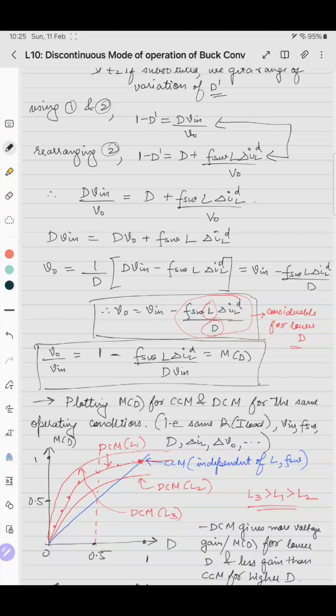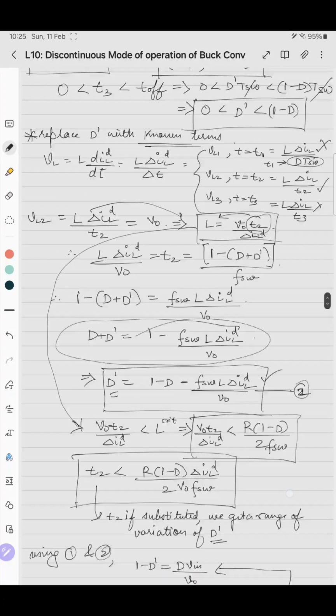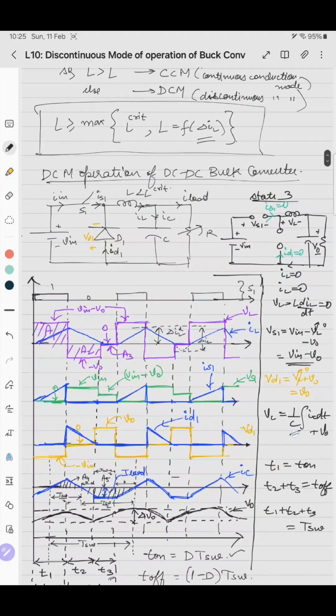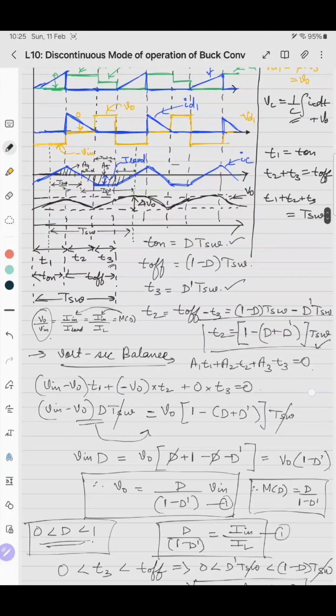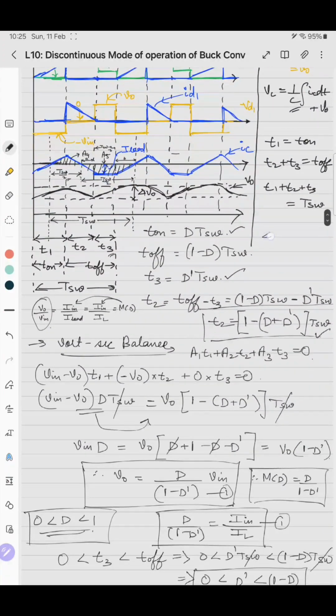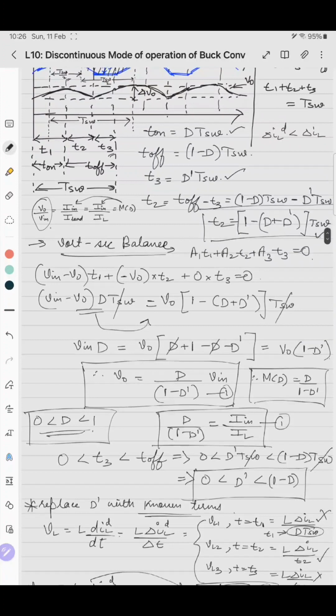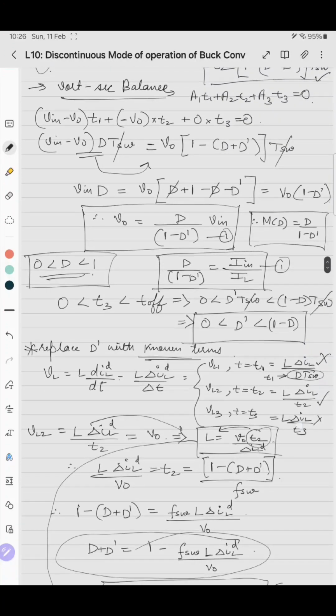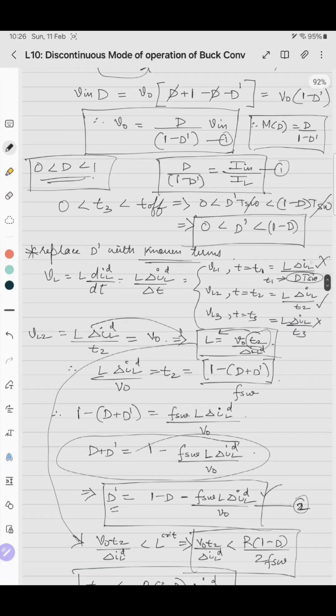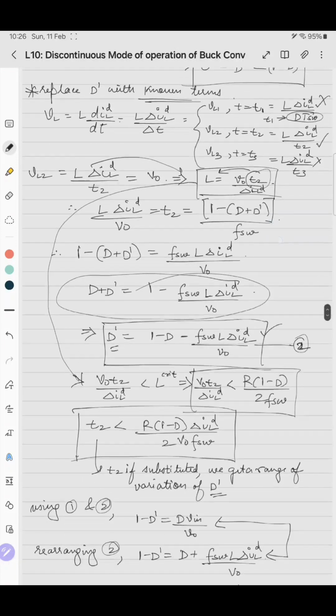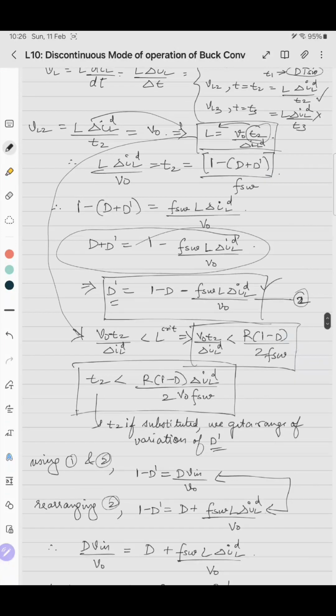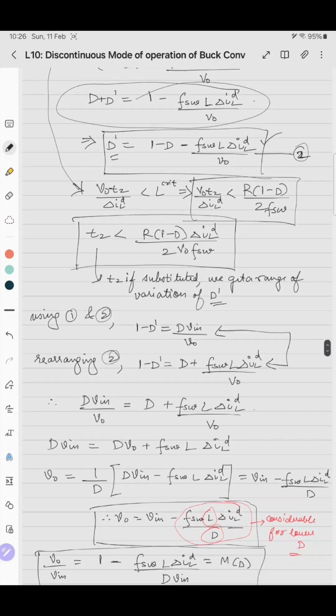So first we replace for discontinuous mode, wherever there occurs a delta IL, we replace it with delta IL of D, because for discontinuous mode delta IL of D is there, and delta IL of D is less than actual delta IL, which is for the continuous conduction mode. I think I have replaced all delta IL with delta IL of D. So here let me write D. I think now everything is replaced. So now we can further solve it.